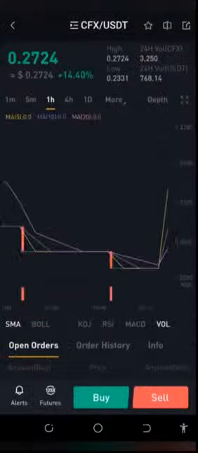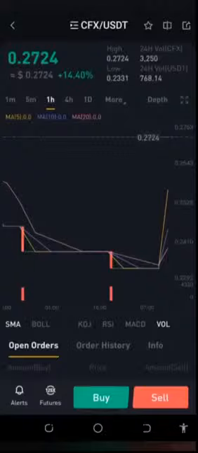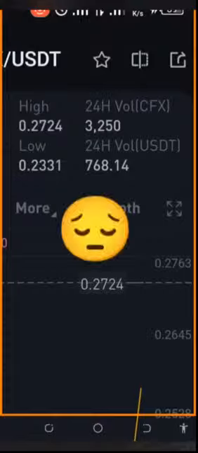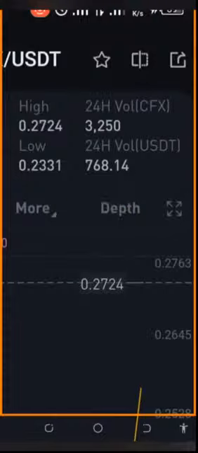Can you imagine that I was so excited about getting this in? Just look at this. The entire liquidity is 768 USDT. That is poor. Wow, I didn't check this. Oh my God.